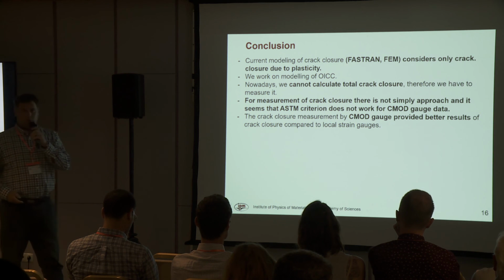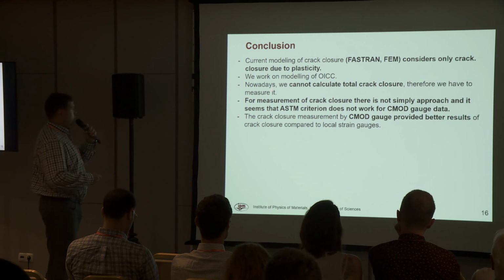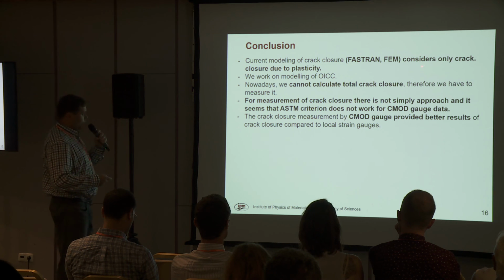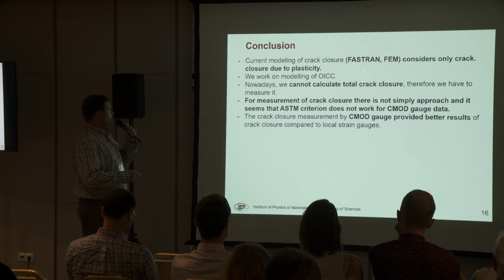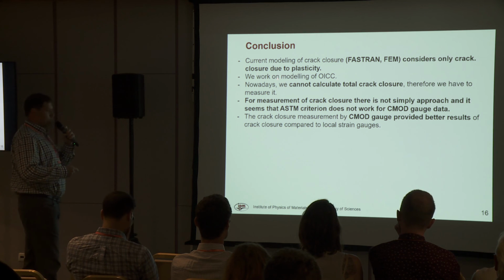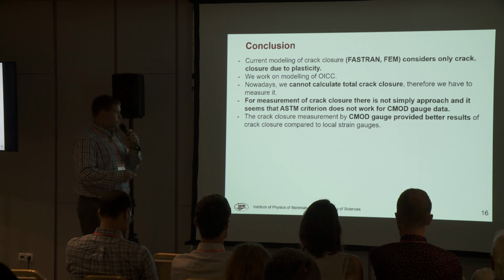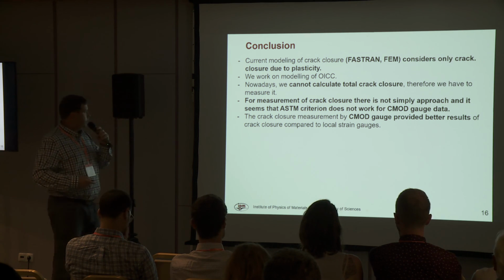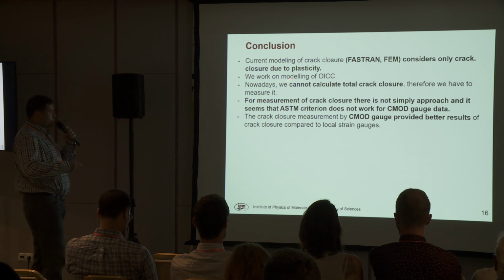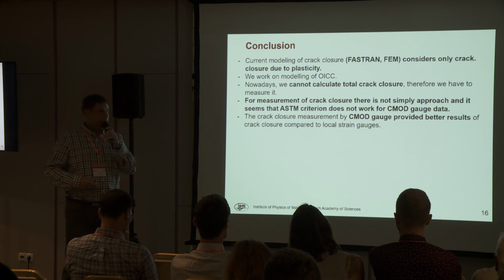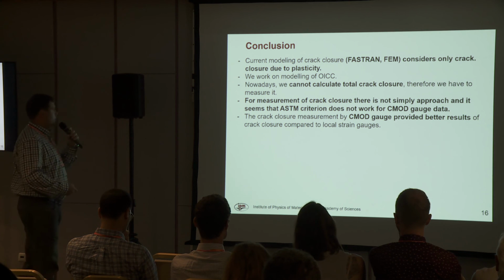So please let me conclude my talk. The current models of crack closure, like FASTRAN or finite element modeling, consider just crack closure due to plasticity. We are working on modeling of oxide-induced crack closure, but it is still an ongoing process. So nowadays, we cannot calculate the total crack closure. Therefore, we have to measure it by experiments.